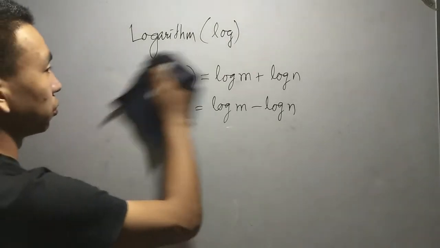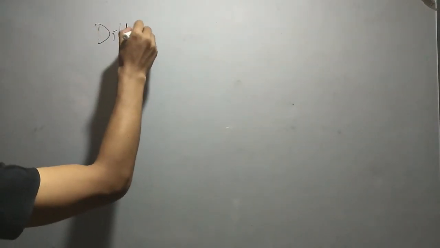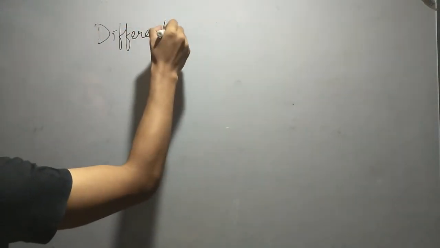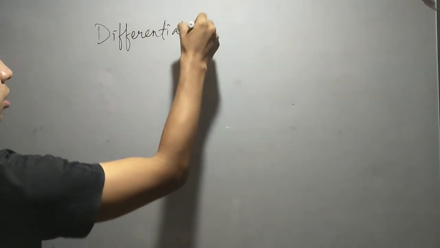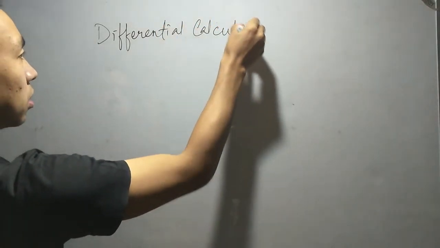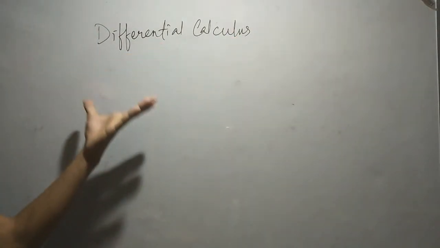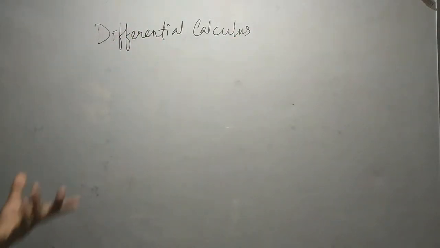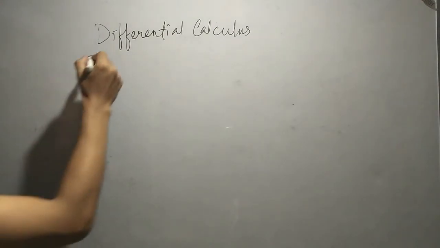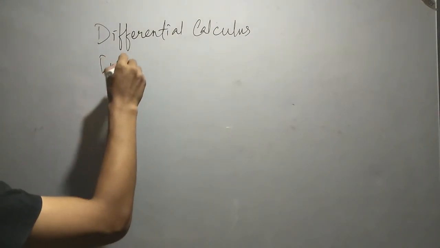Now we go to differentiation, or we call it differential calculus. See, we have two types under calculus. One is differential calculus, or differentiation. The other one is called integration, or integral calculus.